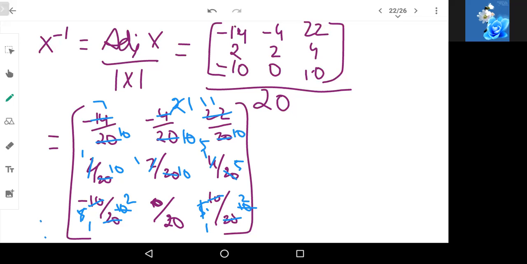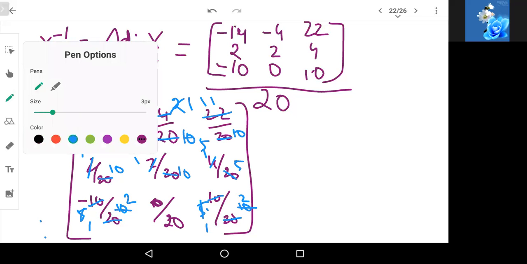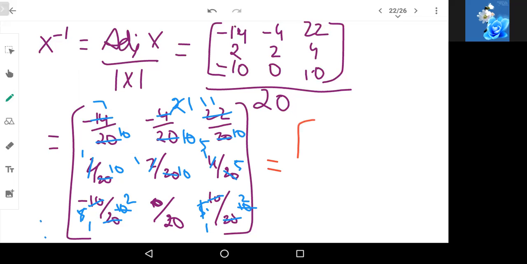Okay. So your final answer will be something like this, which is equal to minus 7 by 10, and here it will be minus 1 by 5, because 2 fours are 8, so 4 twos are 8, and again 2 ones are 2, again we have cancelled.